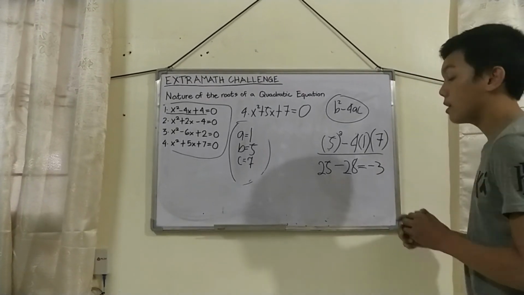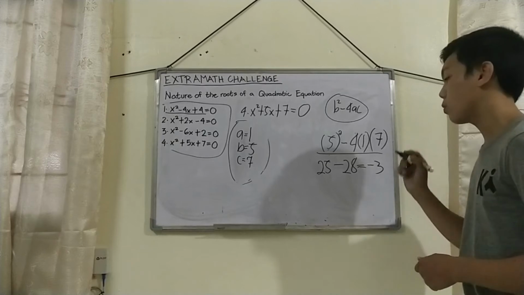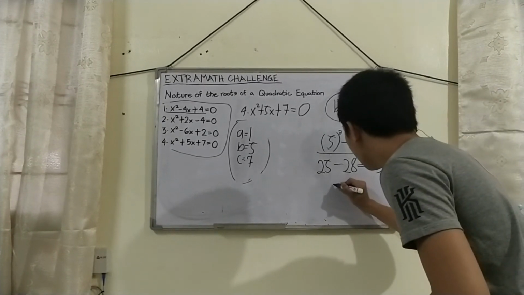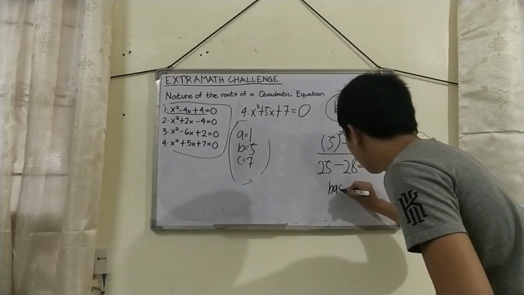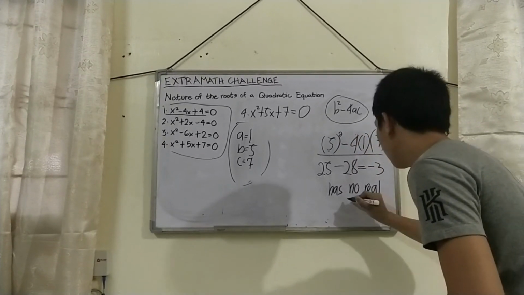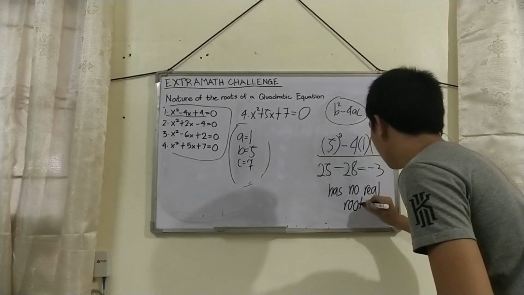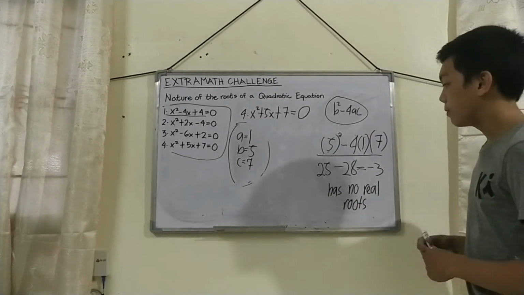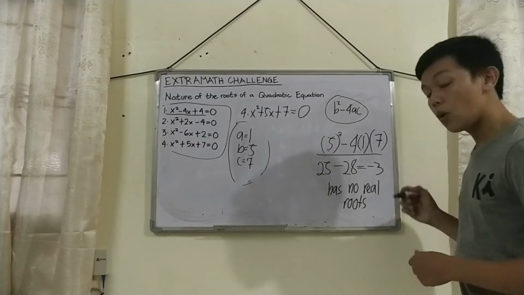Now that we have identified the discriminant of the equation, the nature of the roots is it has no real roots. I'm going to explain later why it has no real roots.